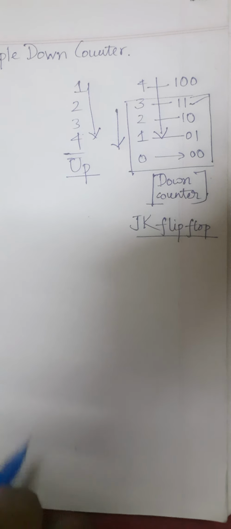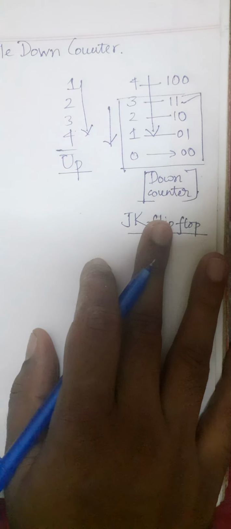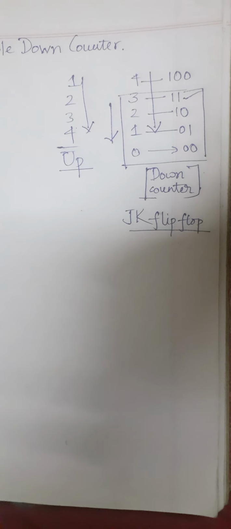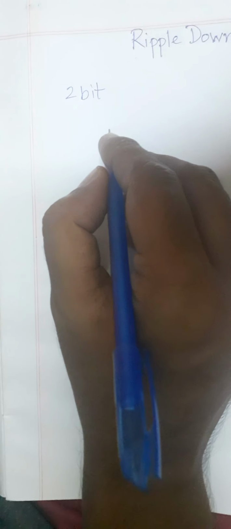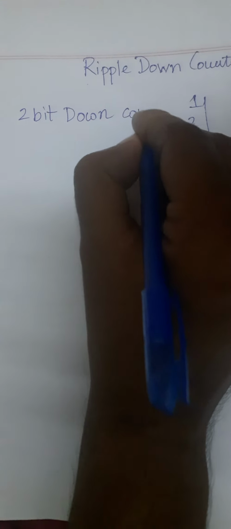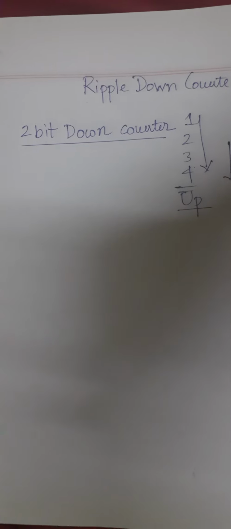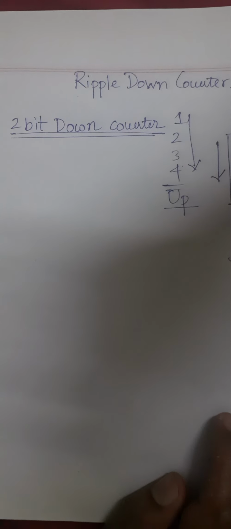Say for example, if we want to construct a 2-bit down counter, in that case, what should be done?